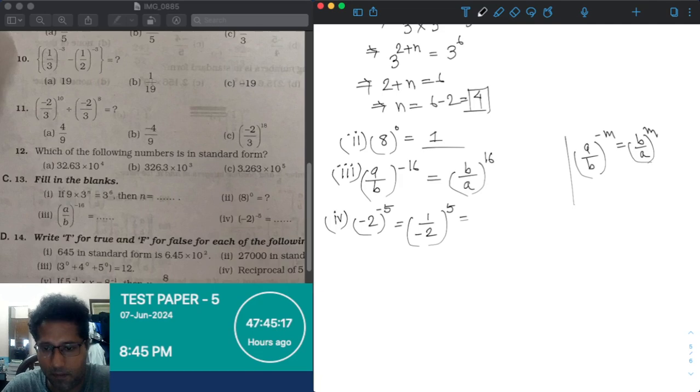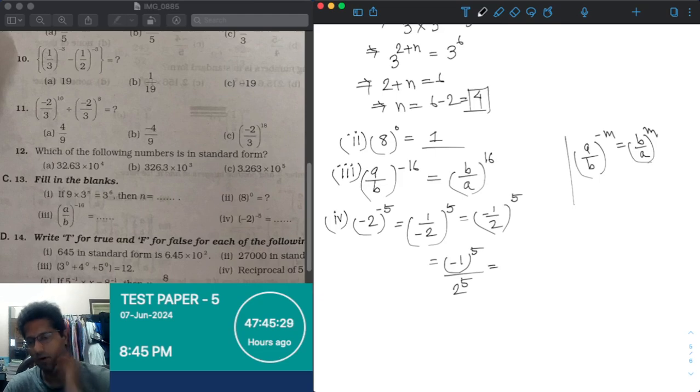So this will become minus 1 by 2 to the power 5, and this is nothing but minus 1 to the power 5 divided by 2 to the power 5. Minus 1 to the power 5 is minus 1, because the power is an odd integer and the base is negative.